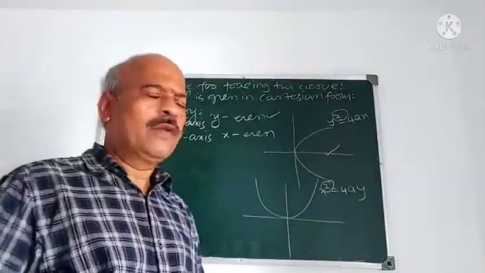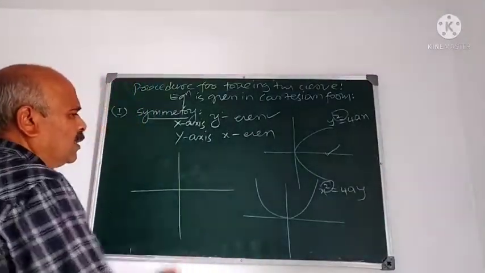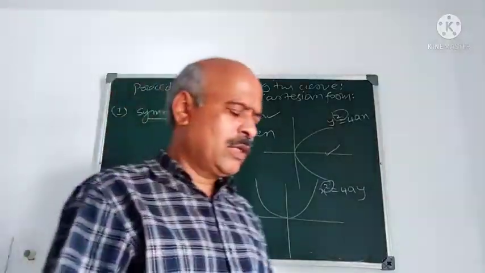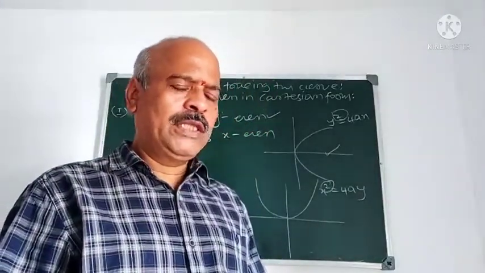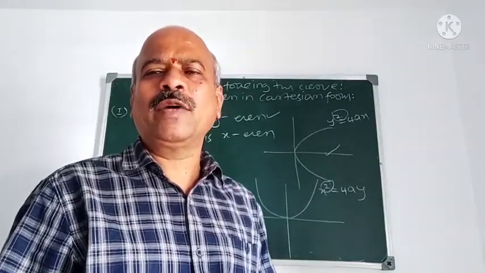Next, the curve is symmetric in the opposite quadrant when the equation is unaltered when x and y are changed to minus x and minus y.